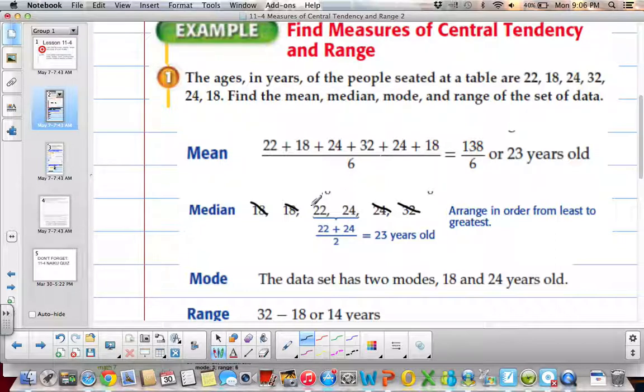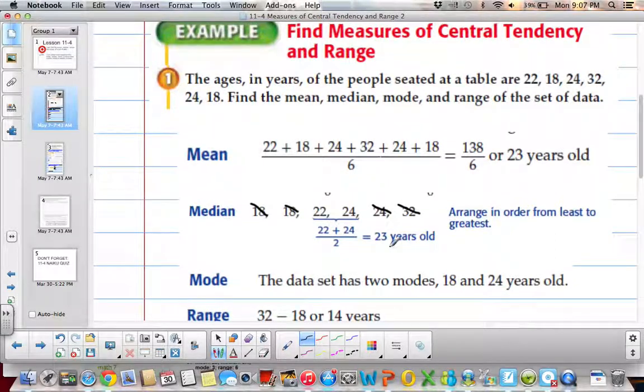But because we have 2 numbers, we don't cross either of them off. Then we take the mean of these 2 numbers. So basically we add them together and divide by 2. Or we know that right in between 22 and 24 is 23 years old. Okay, so if you have 2 numbers, you add them together, divide by 2, because you're really just taking the mean. And then we get the median is 23 years old.